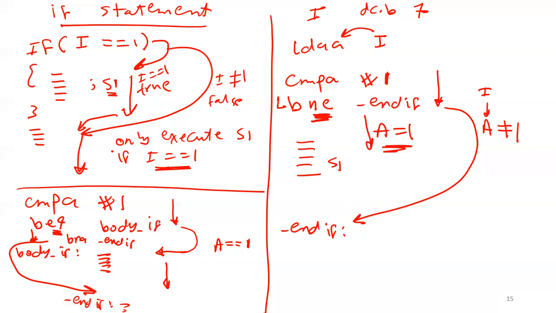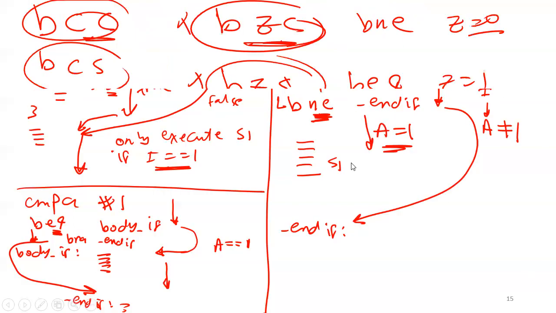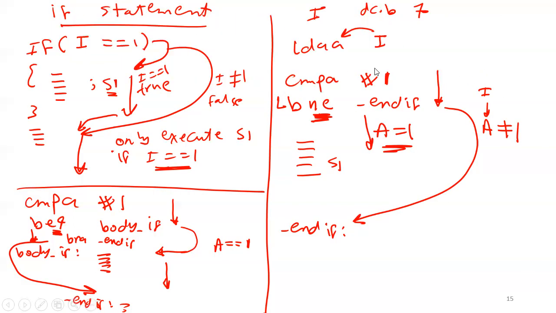How can we do something like that in assembly using the same logic? Look here. I assume I is a memory location. So here I say load accumulator A with I. I use register A because I don't have a compare instruction for a memory location and an immediate value.